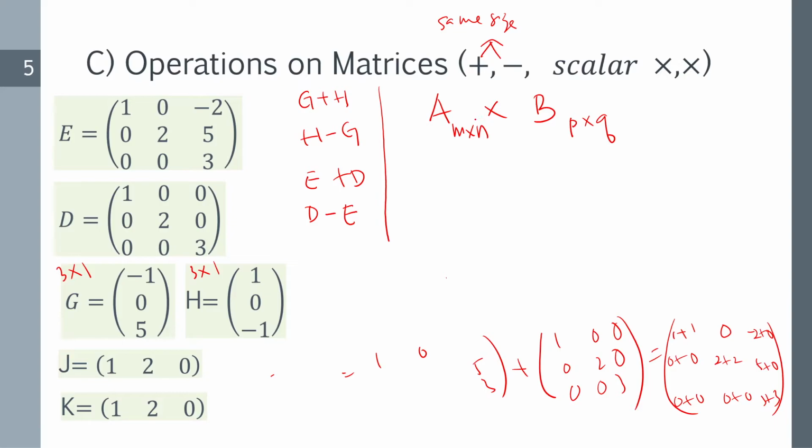The only rule is that the column of my A and the row of my B must be equal. My n equals p.